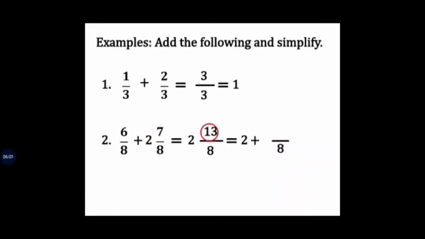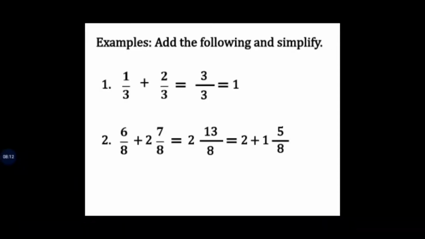And there is only one 8 in 13. Then, put it here as a whole number. Then after that, multiply 8 times 1 and it gives the product of 8. What number are we going to add by 8 that gives 13? The answer is 5. And I will just put here as a numerator.